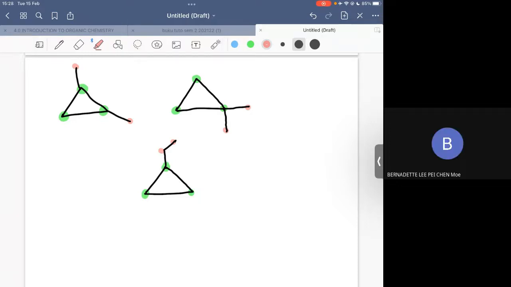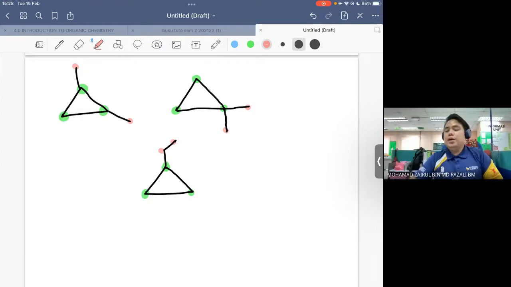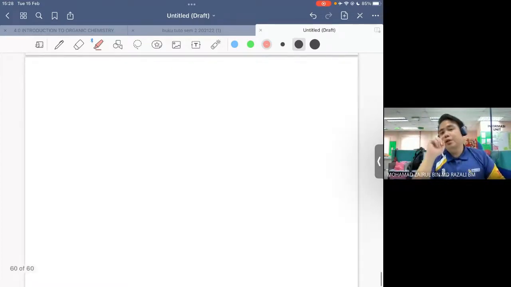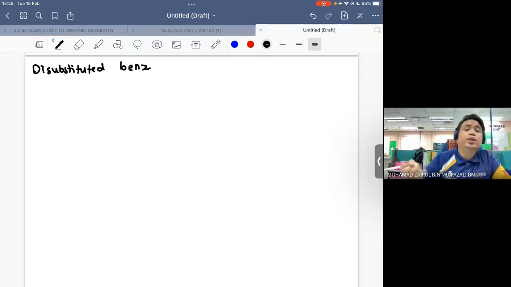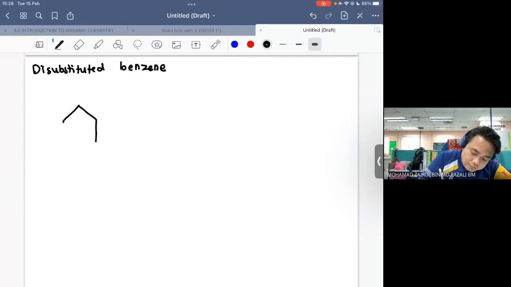No question. Okay, now, sebelum saya lupa pula, another example untuk positional isomer adalah berlaku dekat di-substituted benzene. Maknanya benzene yang ada 2 substituent. Awak tengok sini, this is benzene.